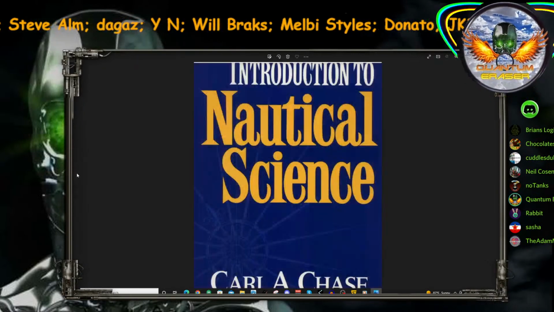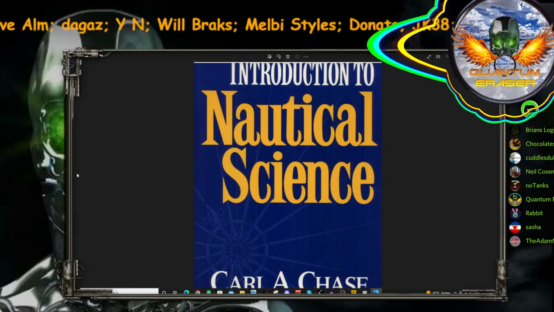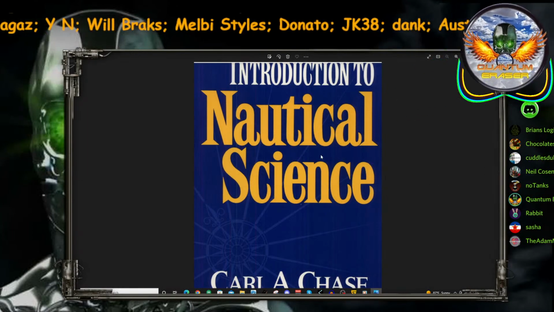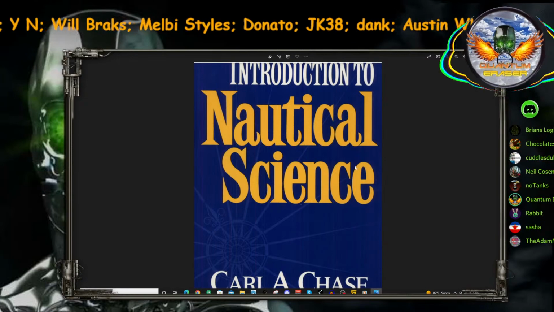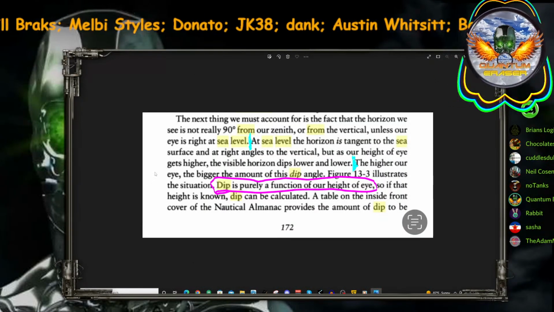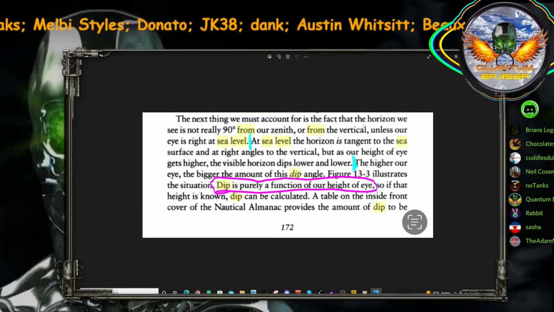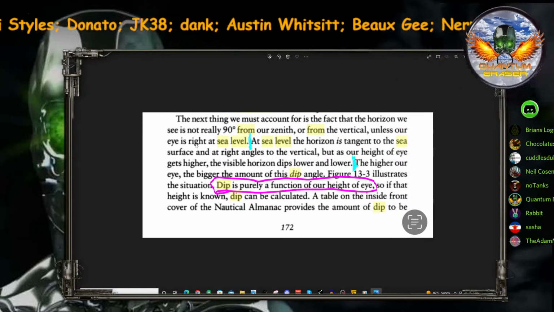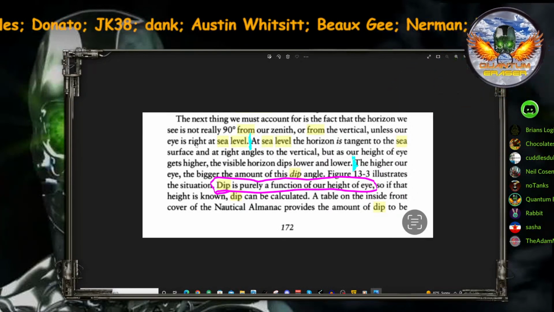This is from Carl A. Chase, Nautical Science. Nautical, that's a contradiction in terms. Well, it's not a natural science. So he says, the next thing we must account for is the fact that the horizon we see is not really 90 degrees from our zenith.